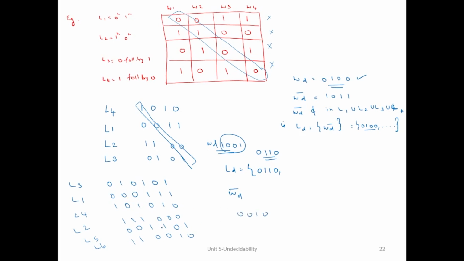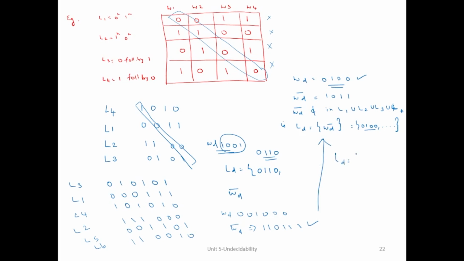This is the diagonal value, 001000, and you should take the complement of this diagonal value. It is 110111. It is not available in any one of these rows, so it also comes under LD.